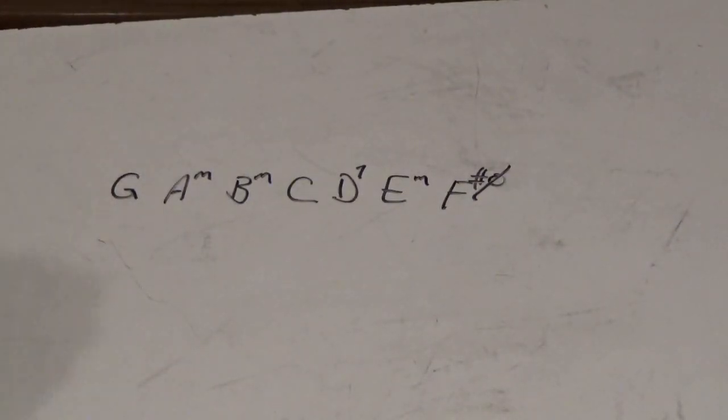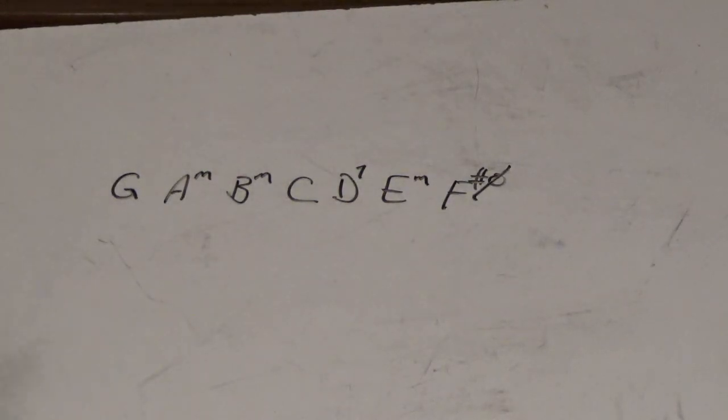Okay, so here we have the chords in the key of G: G, A minor, B minor, C, D7. I'm just pointing out D7 because a dominant chord is always the 5 chord in some key.